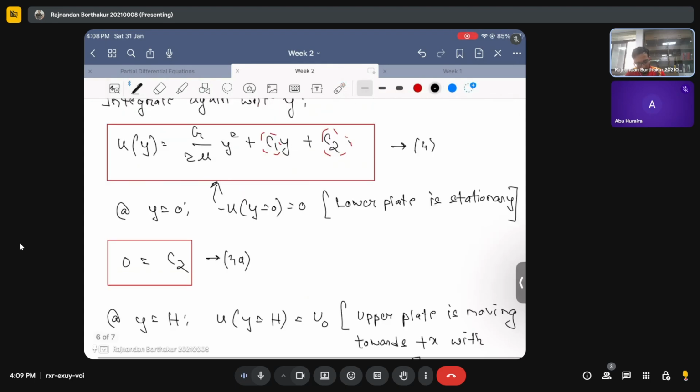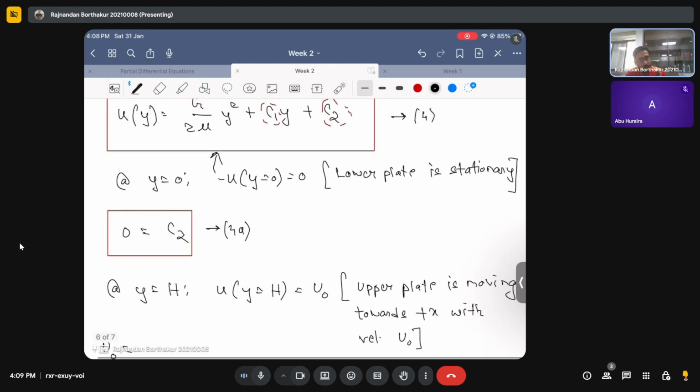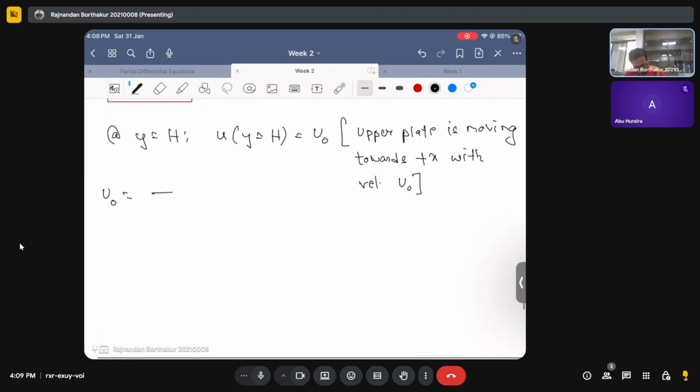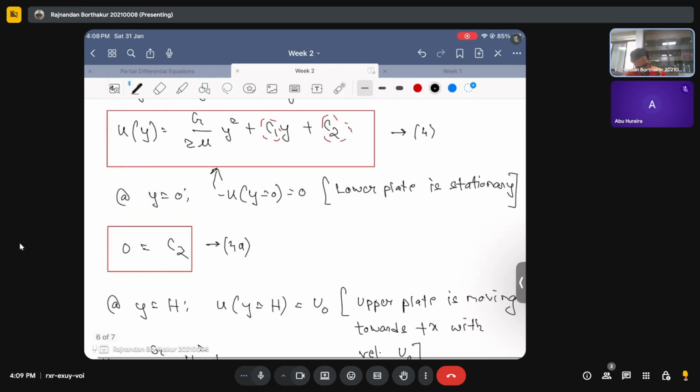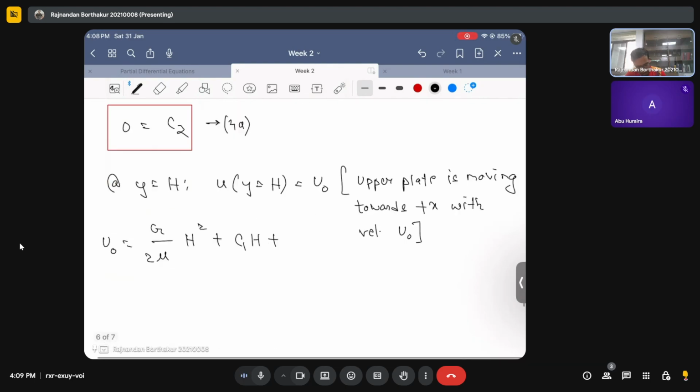So let's use this here. Then what will we get? We'll get u naught equal to, now y will become h, g by 2 mu h squared plus C1h plus C2.